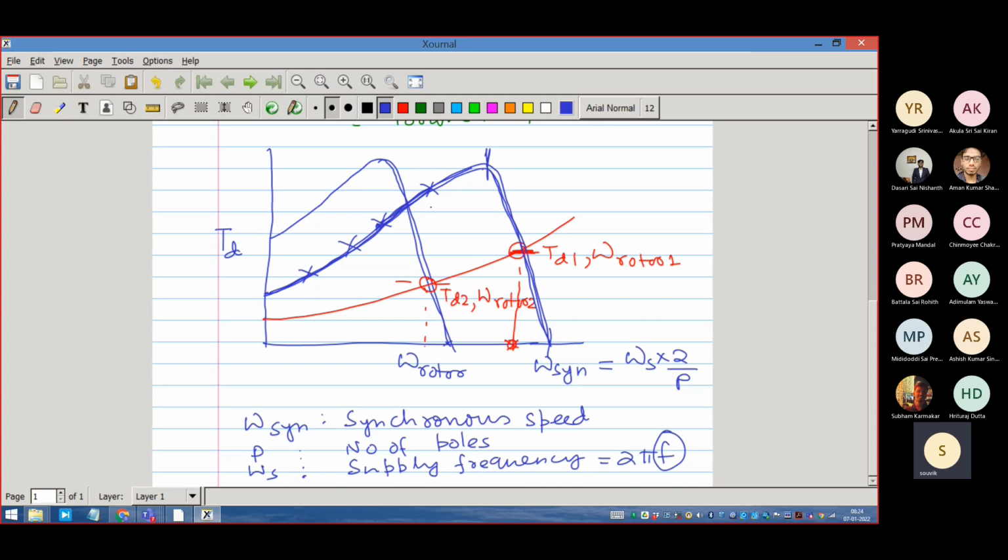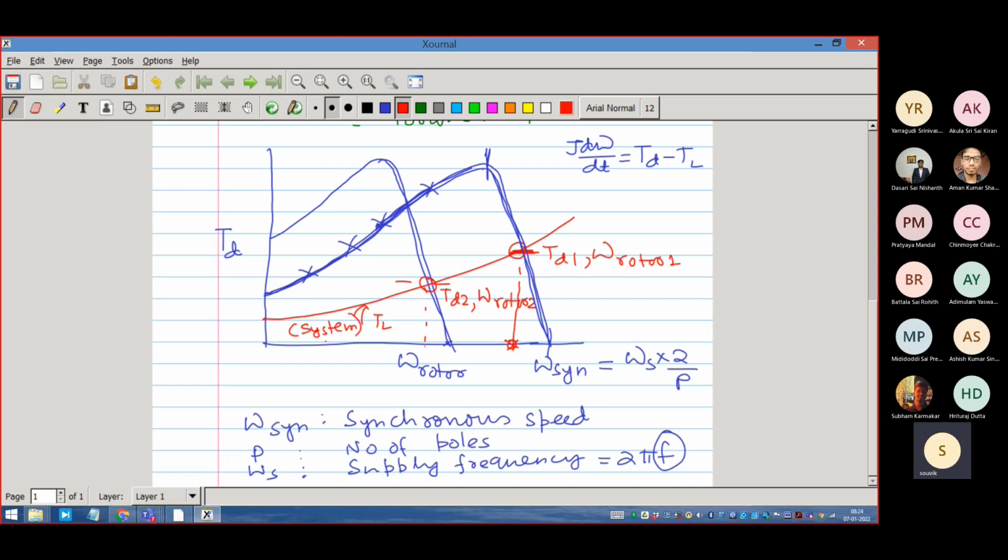Speed increases, torque increases, and torque increasing means it will further increase the speed, because our basic governing equation of torque and speed is J d omega by dt is equal to torque developed minus load torque. This is the load torque of the pump, of the system that we referred to there.